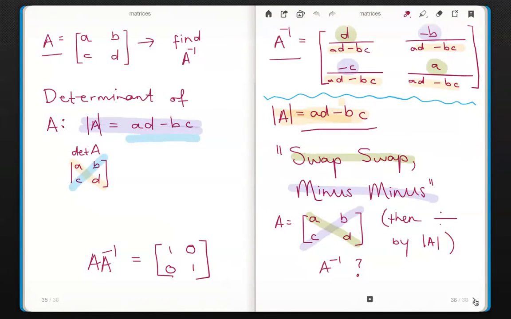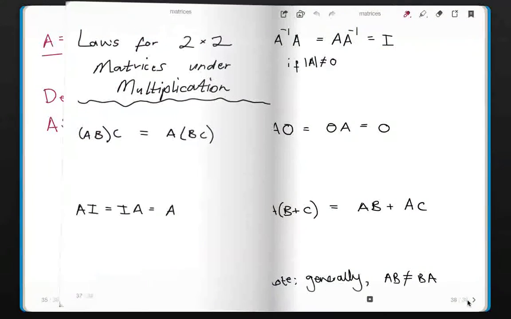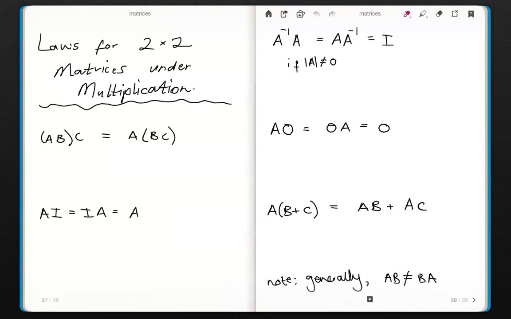Now we look at the laws that we have for matrices under multiplication, as we looked at for addition. We have some similar ones for multiplication. So AB times C is the same as A times BC. Pretty straightforward, but notice how these are still in the same order. Always keep them in the same order.